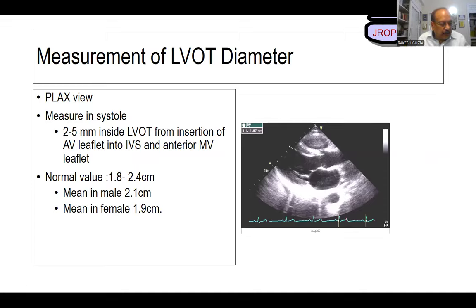Let me calculate along with you. 1.87 divided by 2 will be 0.935.